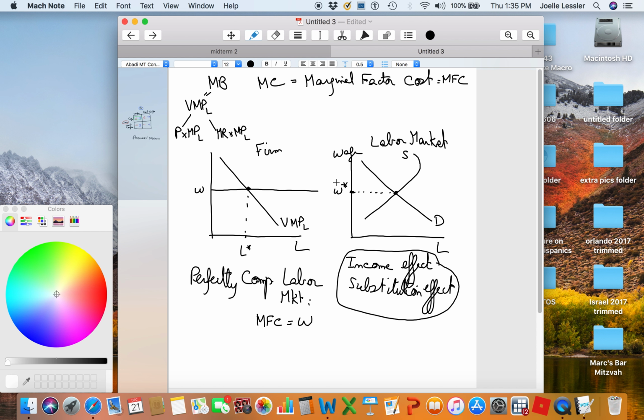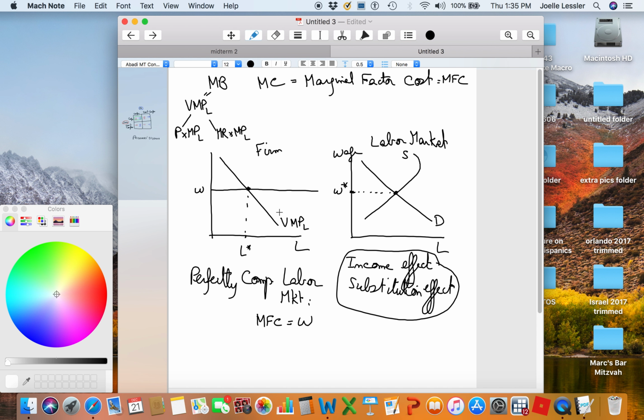I am taking the wage as given. I'm a price taker. I cannot affect the wage. So the marginal factor cost, the cost of hiring one more worker, is equal to the wage. This is analogous to perfect competition, where my marginal revenue was equal to the price. Here, my marginal factor cost is equal to the wage.